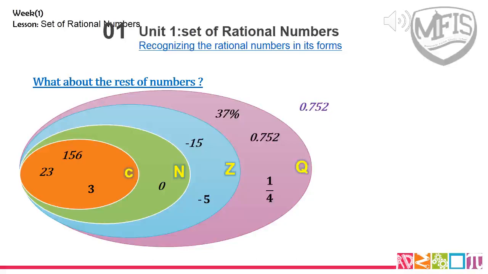Yes, it's a decimal, and I can change it into a fraction by converting it into 752 over 1000. So it will be yes in Q. Excellent. What about the quarter? Yes, the quarter also is a fraction, and the fraction belongs to Q. And what about 37%? Also, I can convert it into a fraction, 37 over 100, so it will also be in the Q.